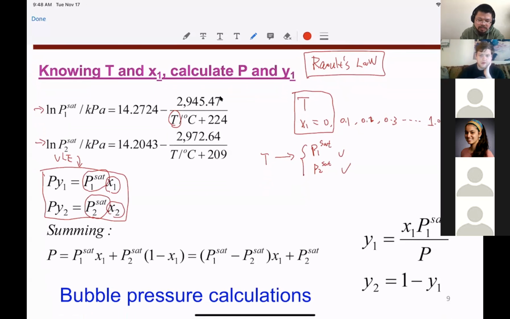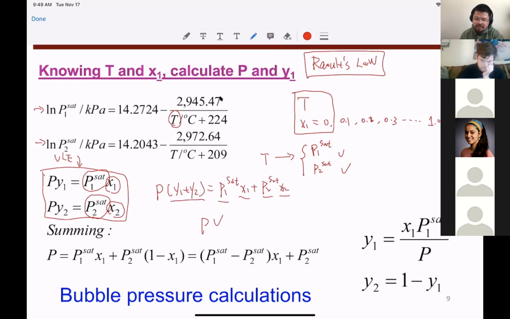I don't know Y1, I don't know Y2, but at least I can quickly calculate if I add the two equations on both sides. So this is P(Y1 plus Y2) equals P1 sat X1 plus P2 sat X2. Those are known, and Y1 plus Y2 is always 1. So from there, I figure out the total pressure.